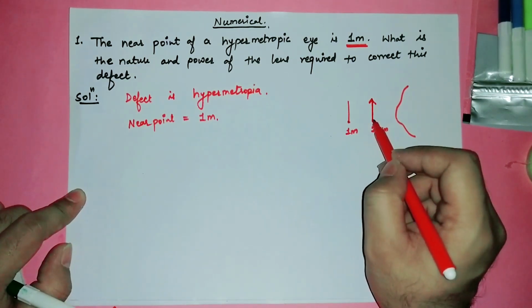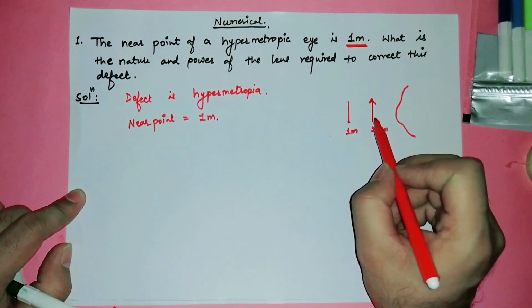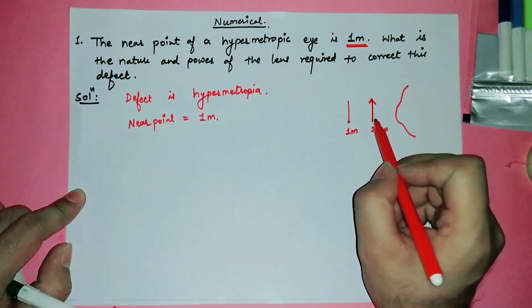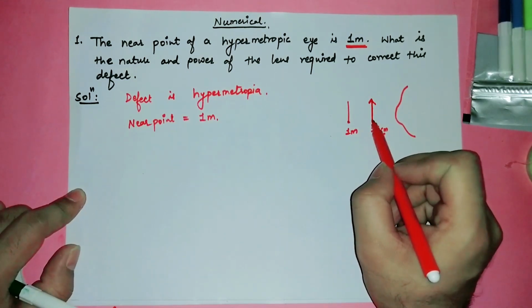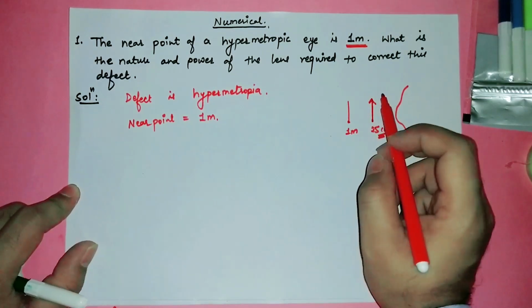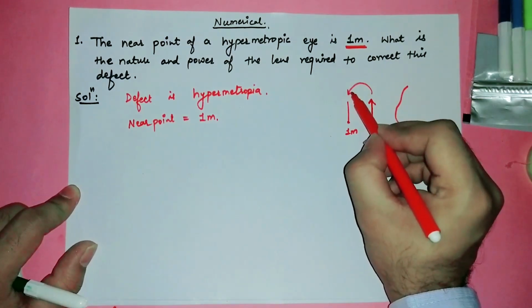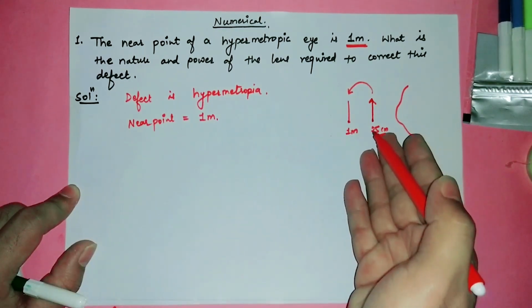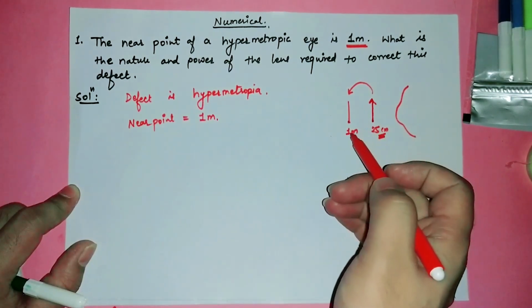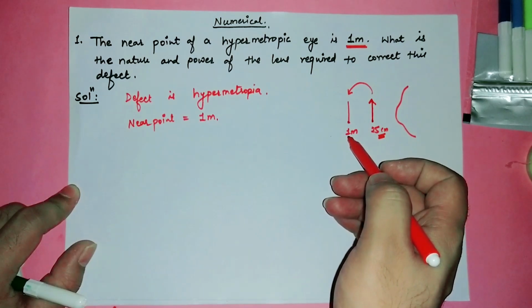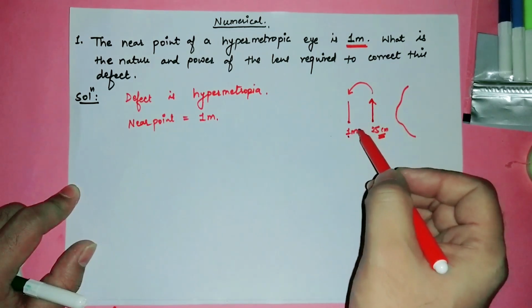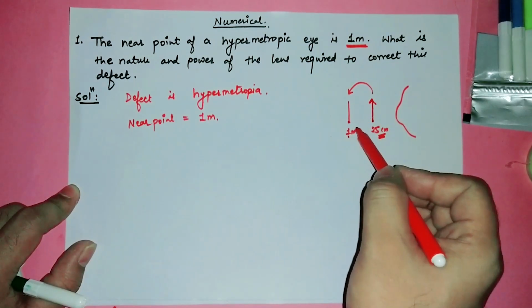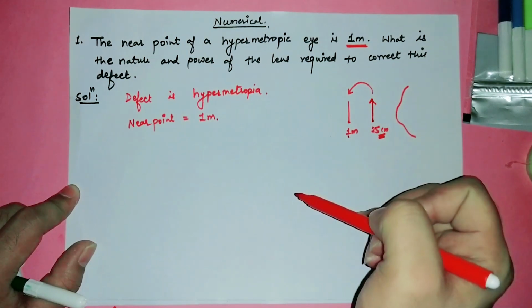That's why we are using this 25 centimeters. Up to 1 meter we can see, but an object placed at 25 centimeters we can't see. If the image of an object placed at 25 centimeters is formed at 1 meter, it will be visible to us, because at 1 meter this eye can see the object.